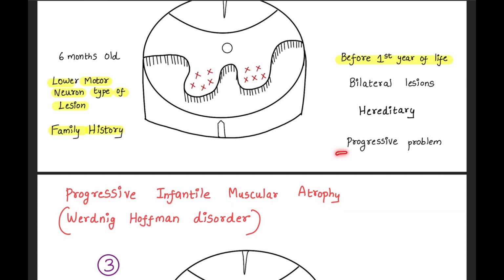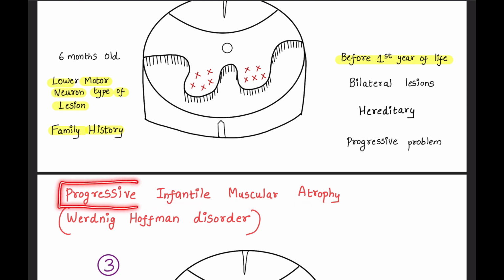So what is a progressive problem? Progressive problem means the condition will become worse day by day if not treated. This condition is also known as Werdnig-Hoffmann disorder. So why this name, progressive infantile muscular atrophy?